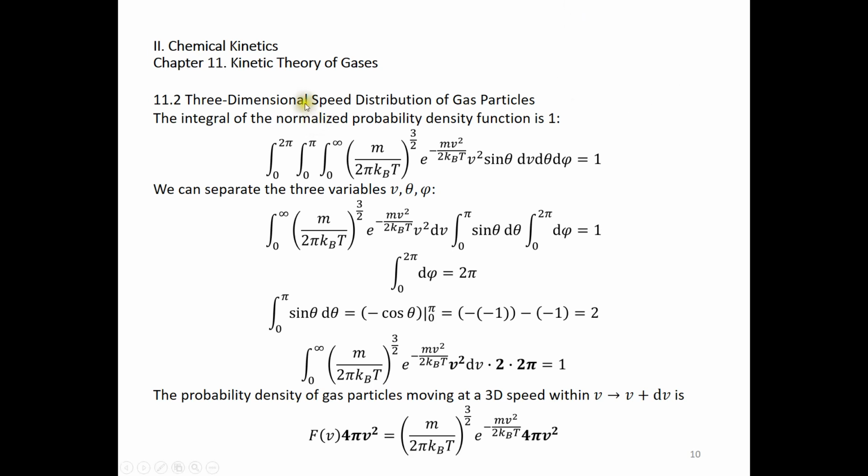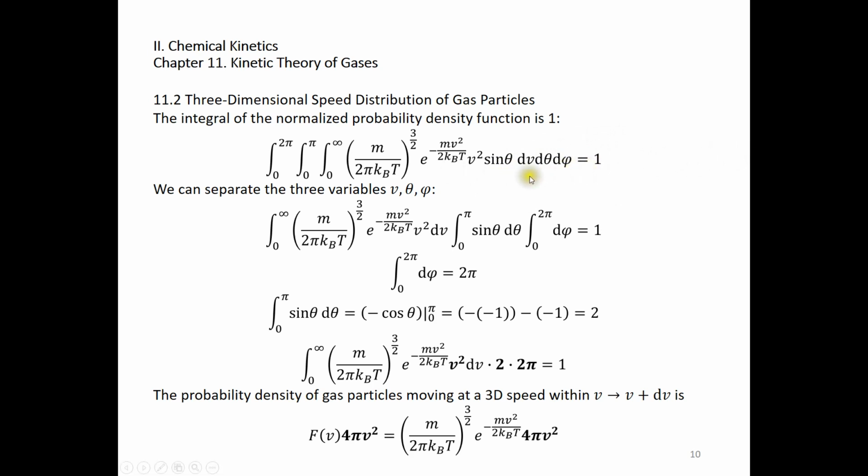Now the integral of the normalized probability density function must be 1. So we have this is 1, and we can separate the variables. We see three different variables: v, the three-dimensional speed; theta, the angle between the velocity vector and the z-axis; and phi, where you have to project the velocity onto the xy plane and then find its angle with x.